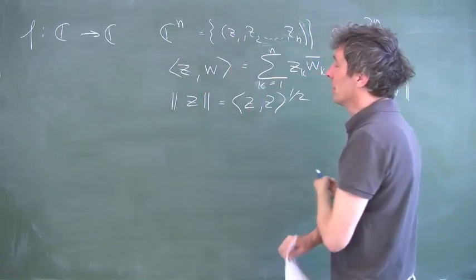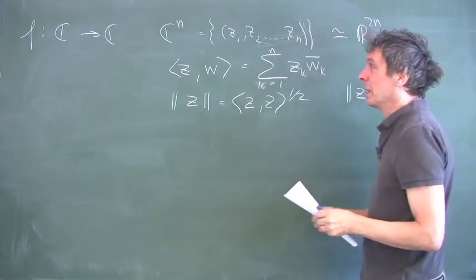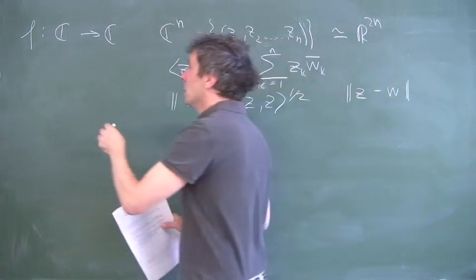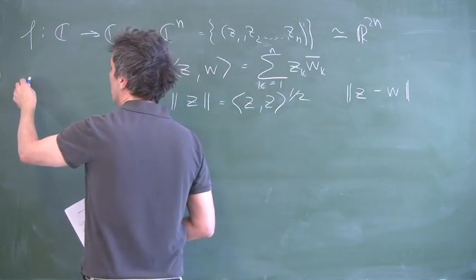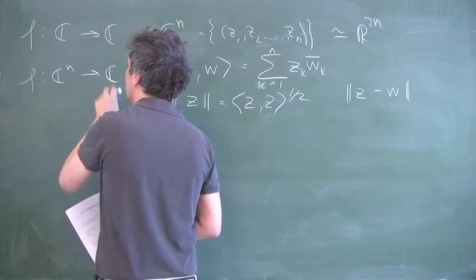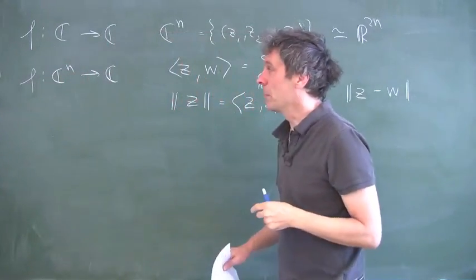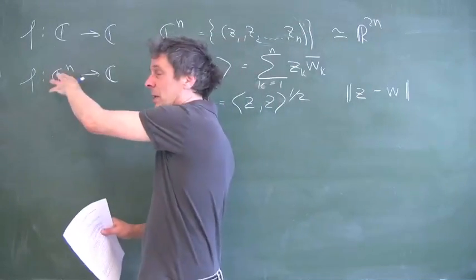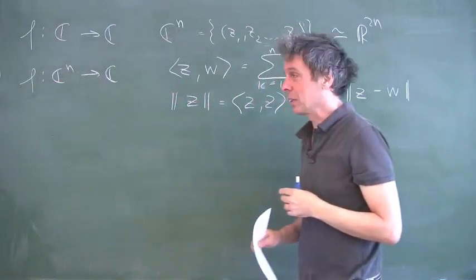So this is a very natural vector space. And so what we'll do now is we consider functions from Cn to C, or more commonly perhaps from some open subset of this vector space.